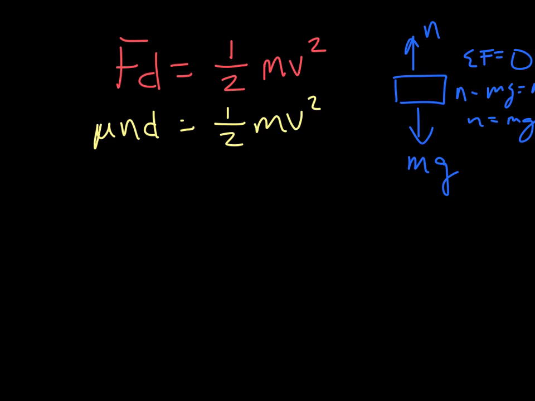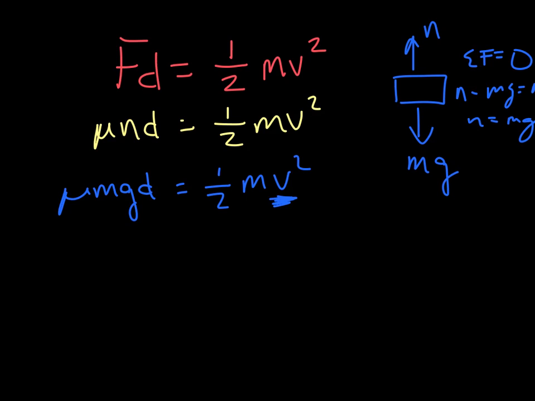So let's go ahead and plug that in. You get mu times mg d equals 1 half mv squared. So where does this v come from? The initial velocity for this part is the final velocity for part 2. They hit together, they get some initial velocity. So the velocity after the collision is the velocity you plug in here.